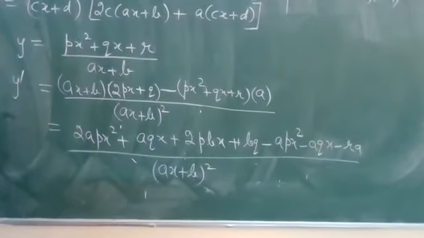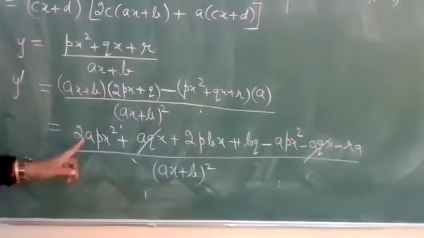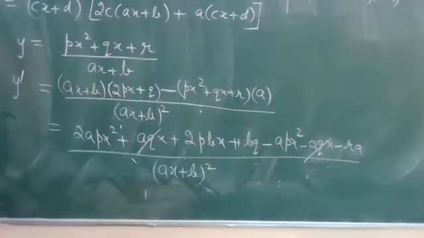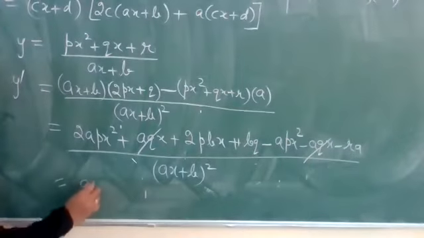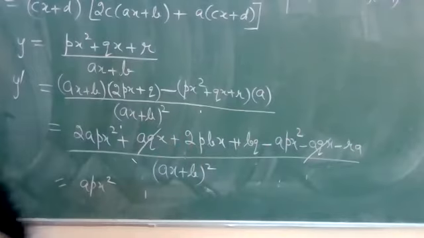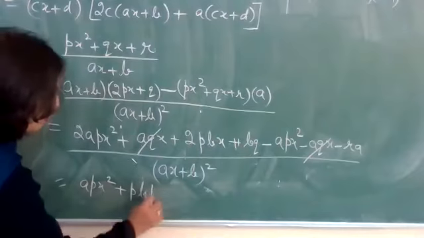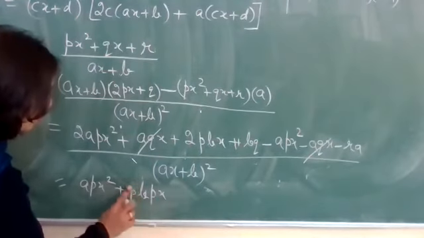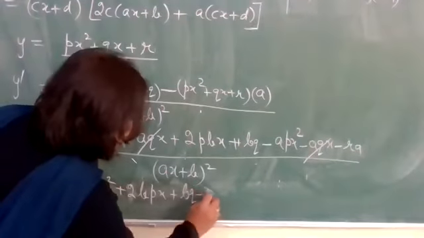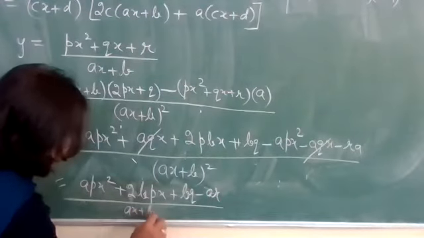Let's see if something is cancelling out. Plus aqx minus aqx. Then we have 2apx square and minus apx square, right? So it will be apx square. What else? Or nahi hai. So plus 2bpx plus bq minus ar upon ax plus b whole square.